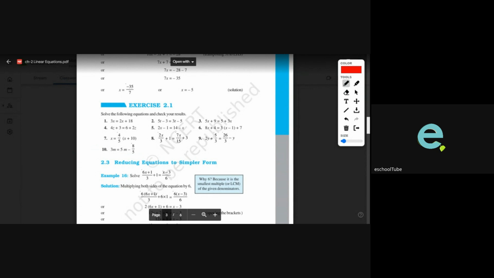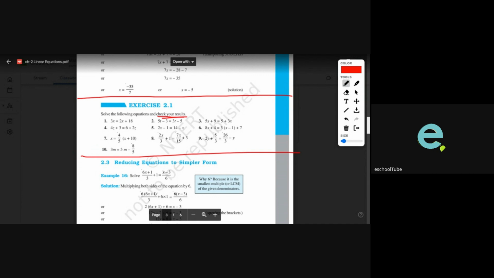So you can do these questions. Exercise 2.1. You should try to do these, solve the following equations and check your result. Then you have to check also your result. How will you check? Whatever value you find of any variable, you substitute that value back into the equation.